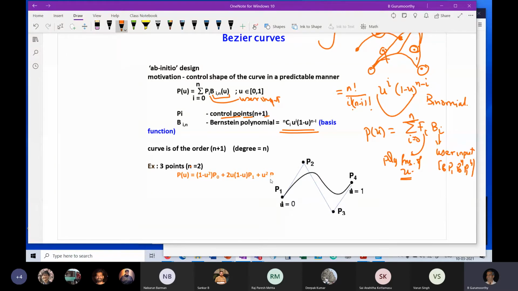It's a quadratic polynomial, therefore the degree is 2. So that's the first conclusion, that the degree of the curve is always n, and the order is n plus 1. So the number of control points that you input will decide the order, and the degree will be 1 less than that.